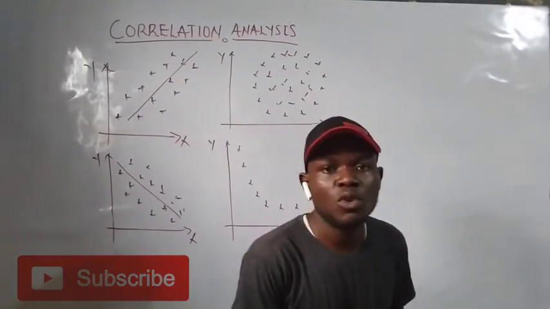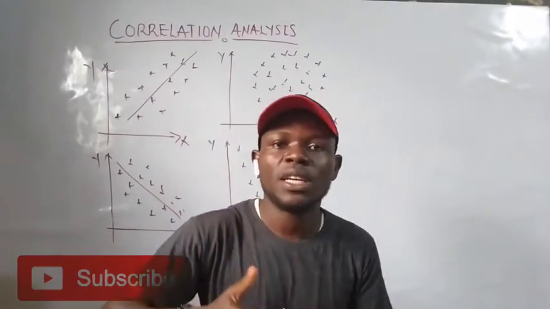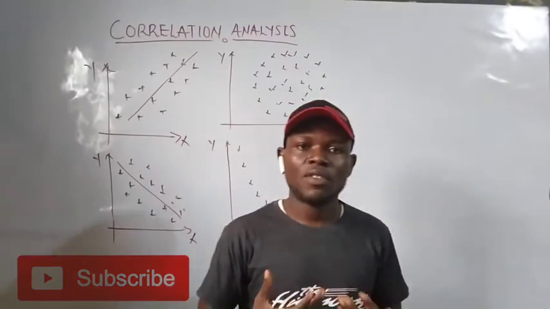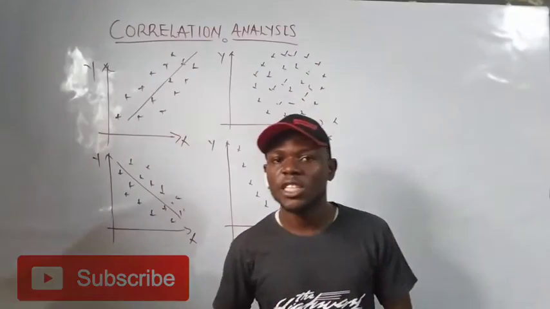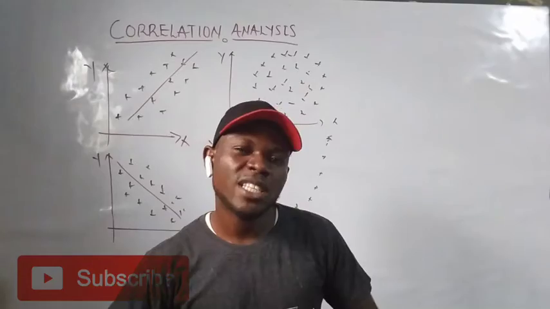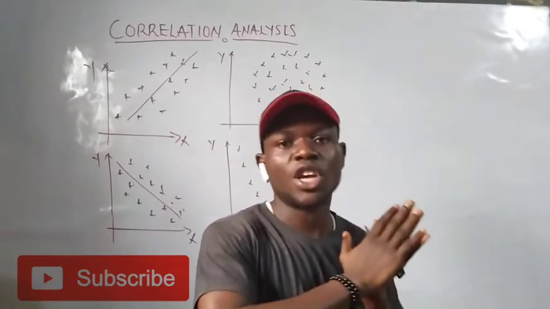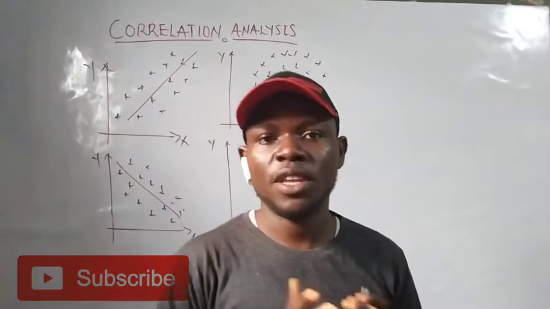The perfect positive goes upward, and the perfect negative comes downward, but all of the points are on a straight line. Then we have discussed the strong positive and the strong negative, where all of the points are closely dense and closely packed together in a single direction.